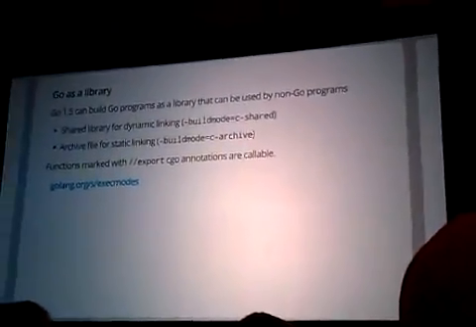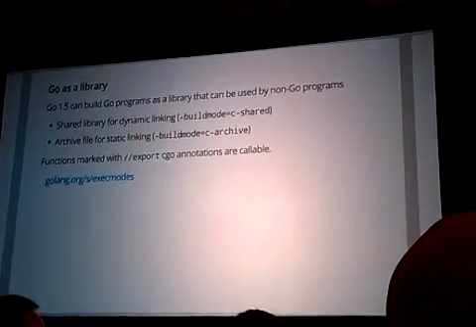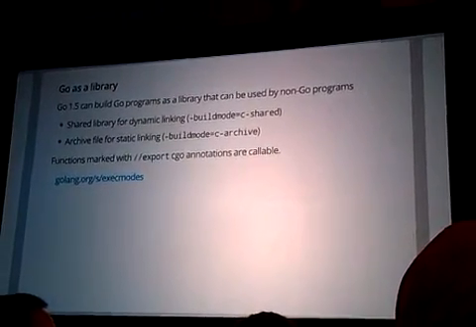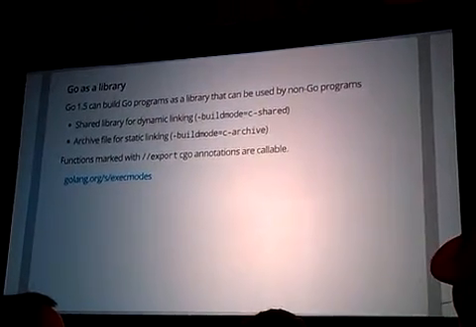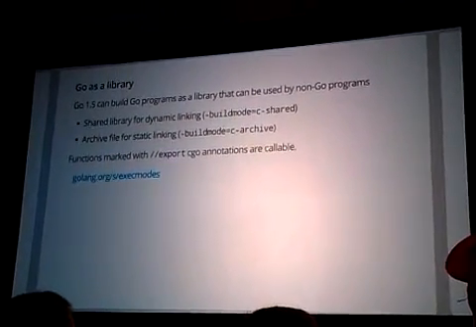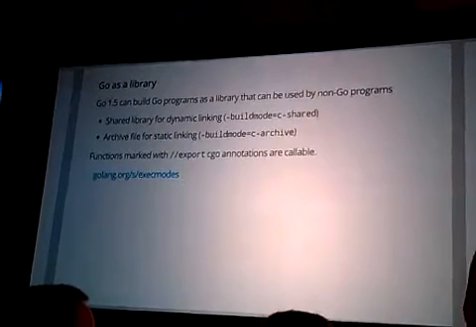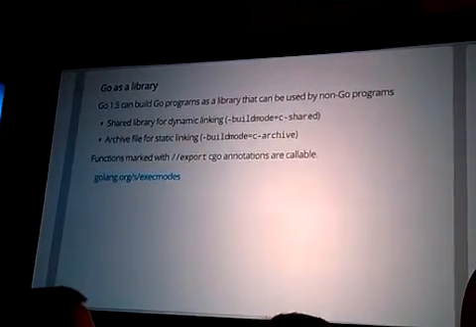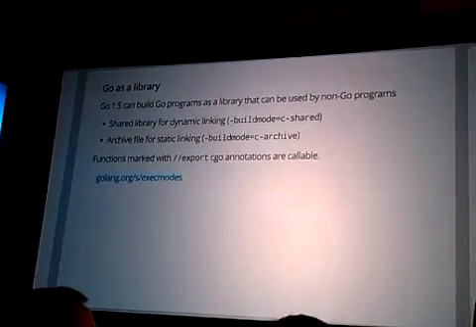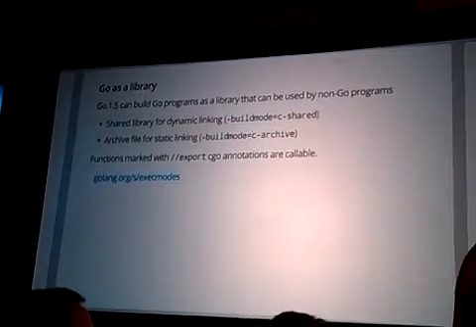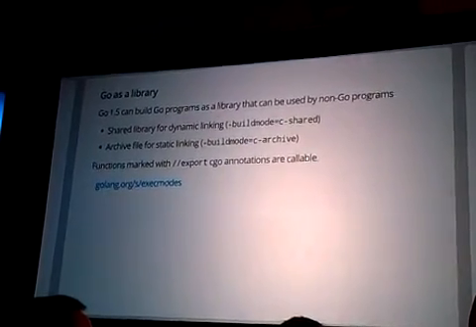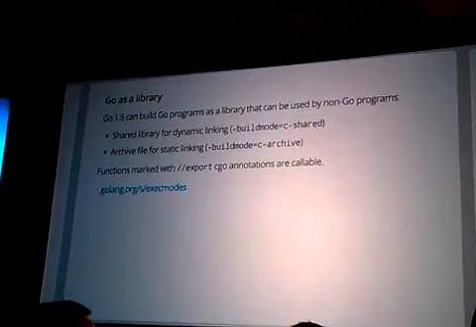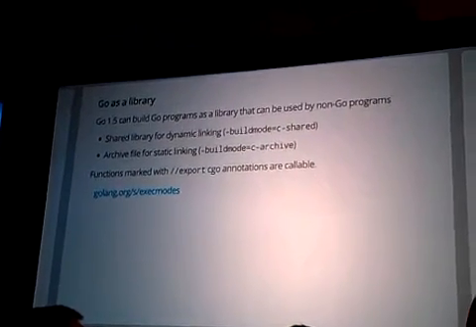Did you hear the news that with Go 1.5 we can build a Go program as a library that can be used by normal programs? That means we can use Go from Java or Objective-C. So to use the Go library from Java, we can build a shared library with build mode c-shared.